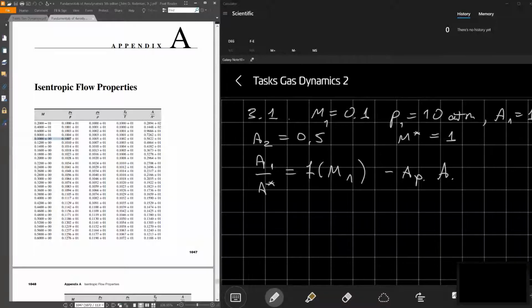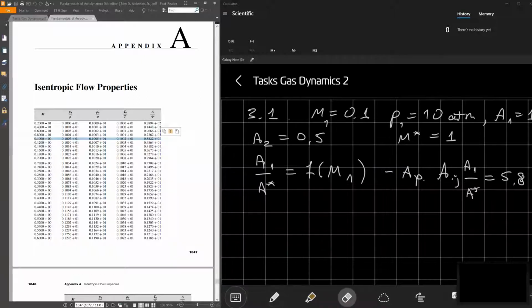Since my Mach number is already known, I will see that my area ratio A1 by A asterisk is equal to 5.8 approximately. 5.8. So what does it mean? It means that the throat area is 5.8 times smaller than my area 1 to have Mach equal 1 in the throat. Okay, so from this ratio I find what is my A asterisk.